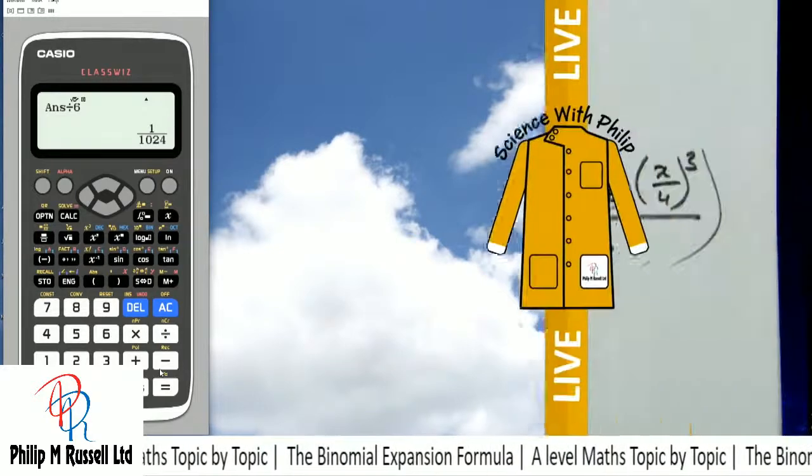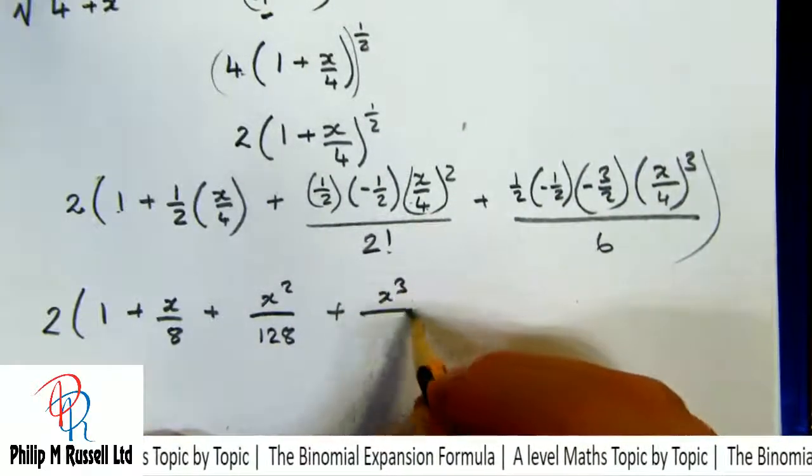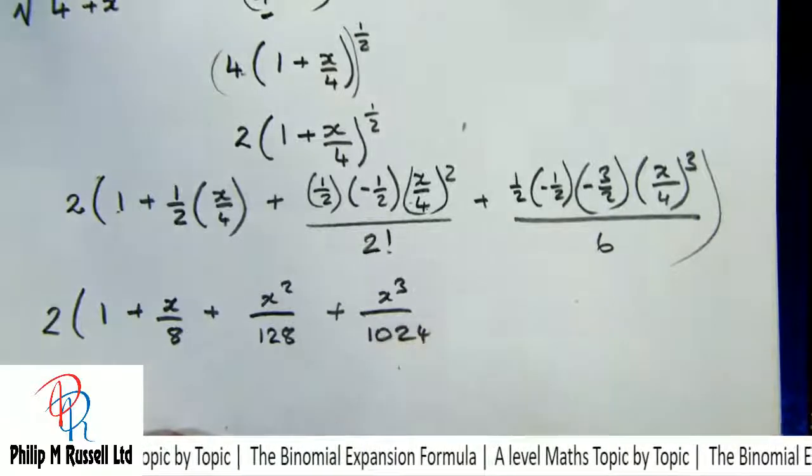So that's going to give me x cubed over 1024.